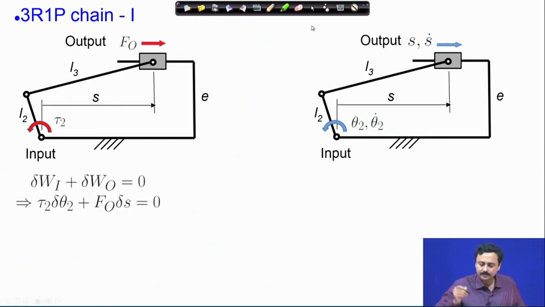Then if we proceed further, the statement of principle of virtual work says that delta W I plus delta W O equal to 0, where delta W I is the virtual work at the input. Now, virtual work at the input, you can see, is tau 2 times delta theta 2, and virtual work at the output is F O times delta S. You can very easily come to this statement by noticing that tau 2 and theta 2 dot are in the same direction, and F O and S dot have been considered in the same direction.